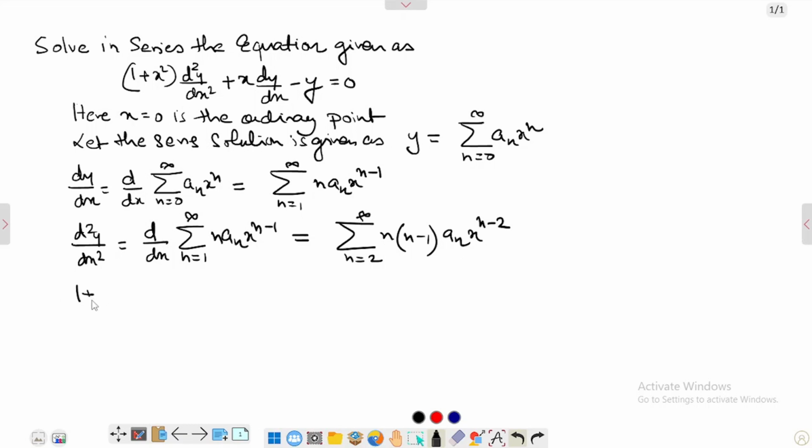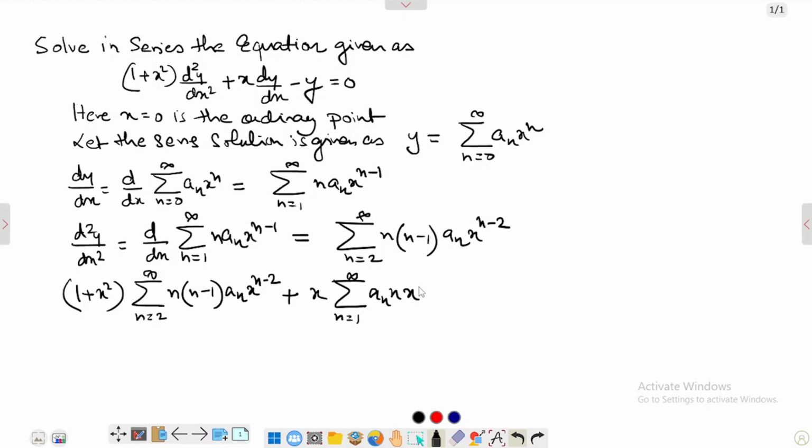So first, 1 plus x squared times sum n equal to 2 till infinity n(n minus 1) a_n x^(n minus 2). My next term is x times sum n equal to 1 till infinity n a_n x^(n minus 1). And my last term is sum n equal to 0 till infinity a_n x^n, equal to 0.